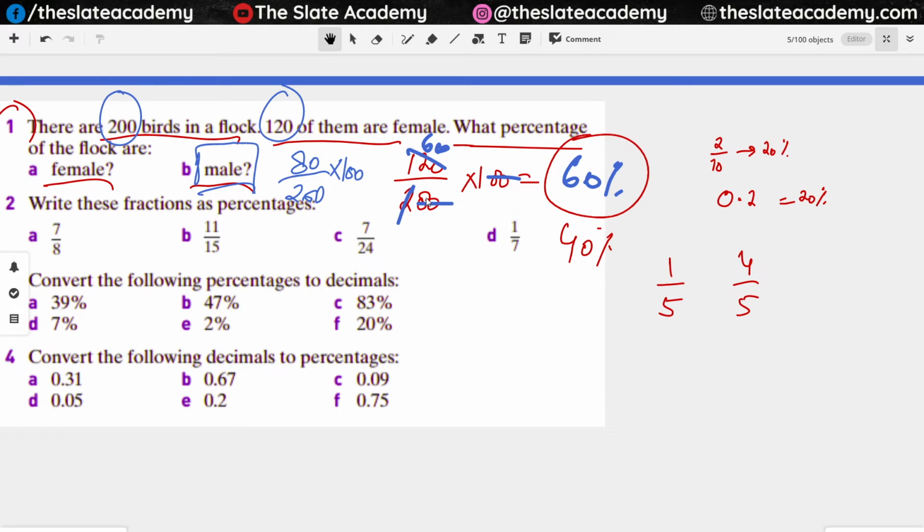If I add them, it will give me 5 out of 5. Agreed? 1 out of 5 is 20%. 4 out of 5 is 80%. And if I add them, 5 out of 5 would be 100%. So these are different ways that you can calculate.